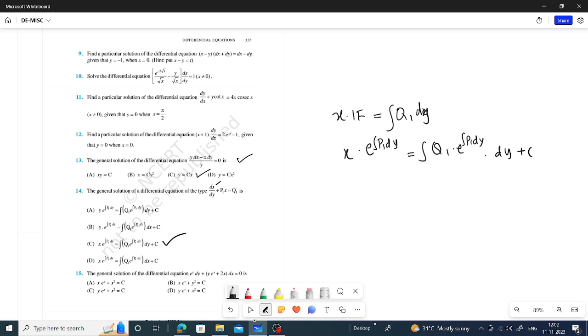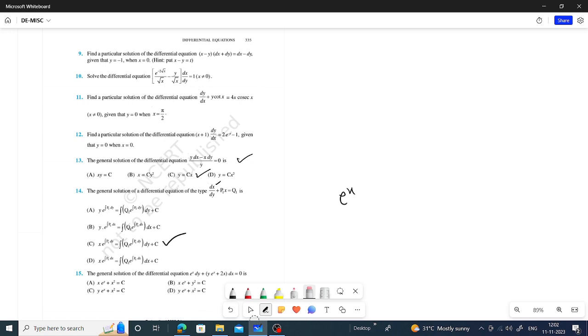Now question number 15 is the general solution of the differential equation e raised to x dy plus (y e raised to x plus 2x) dx equal to 0.